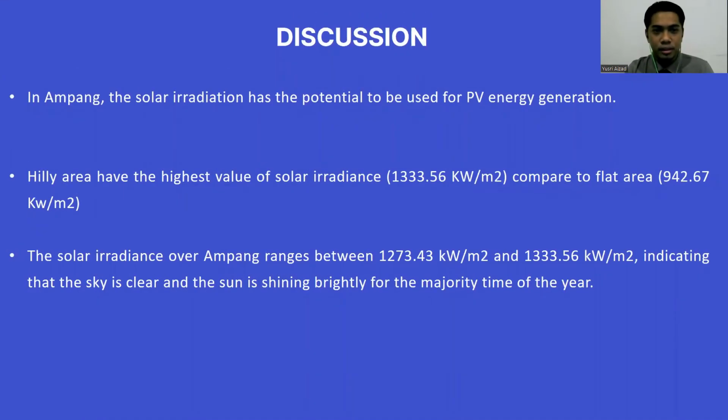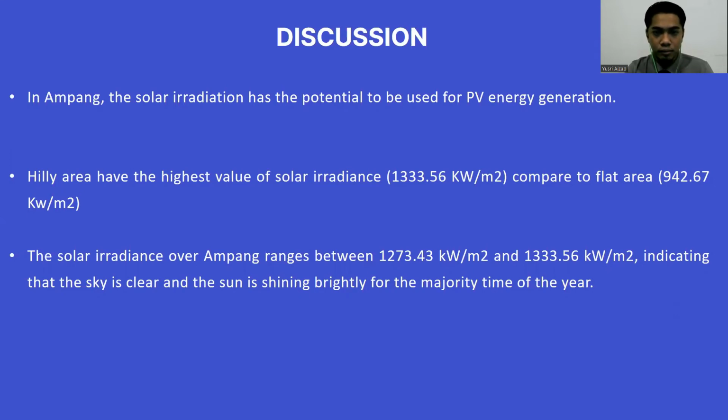For the discussion, we can see that in Ampang, in the selected area, the solar irradiation has the potential to be used for PV energy generation for both sites. We can see that the hilly area has the highest value of solar irradiance compared to the flat area, which is 1333.56 kilowatt per square meter compared to the flat area, which is 942.67.